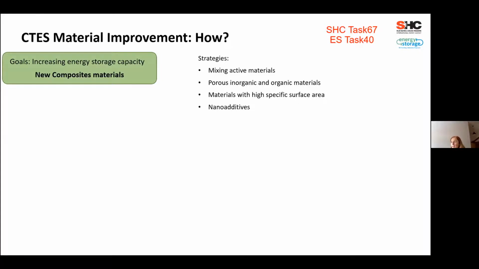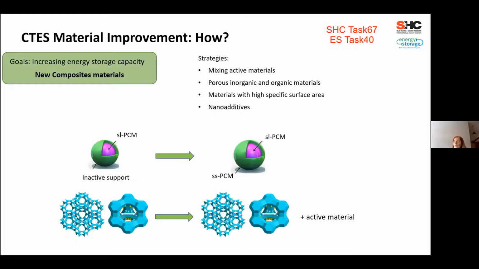We can have porous and organic materials. Of course, in this case, also new composite with high specific surface area, and also nano additives. We can imagine we can add nano additives that have to interact with the raw material, and somehow to be able to increase the thermal energy, the capacity to store the energy.